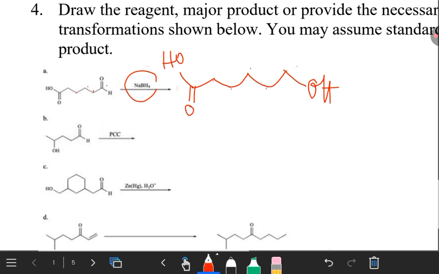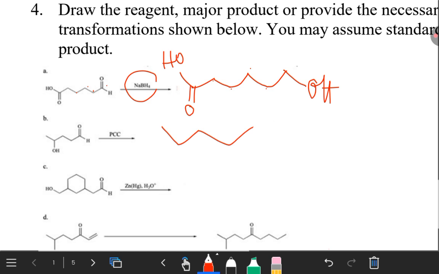So what we are saying is that let's count the number of carbons: 1, 2, 3, 4, 5. Like that.